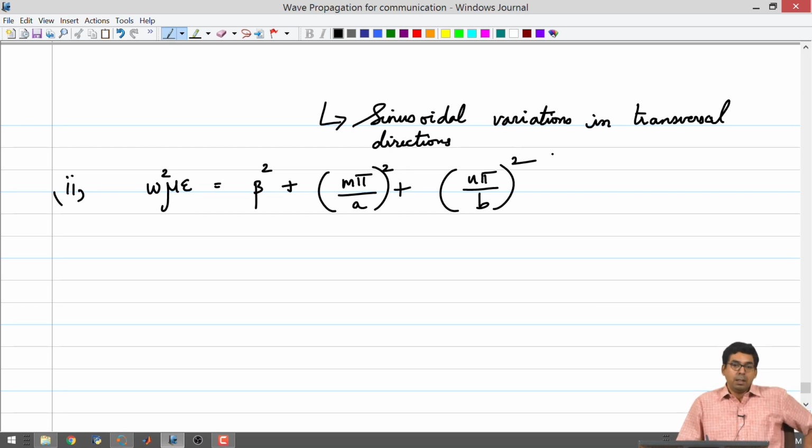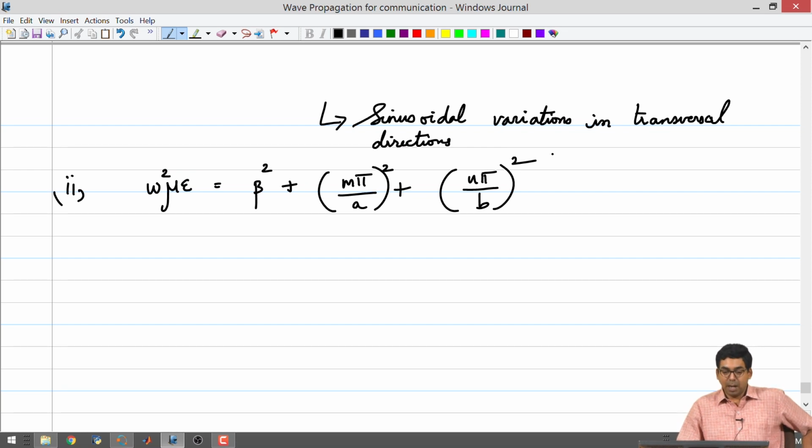But we started with the solution to the wave equation. So, this means that this is a valid condition, but what does this mean? This means that there does exist some choice of m and n which will satisfy this. This is one way of looking at it.